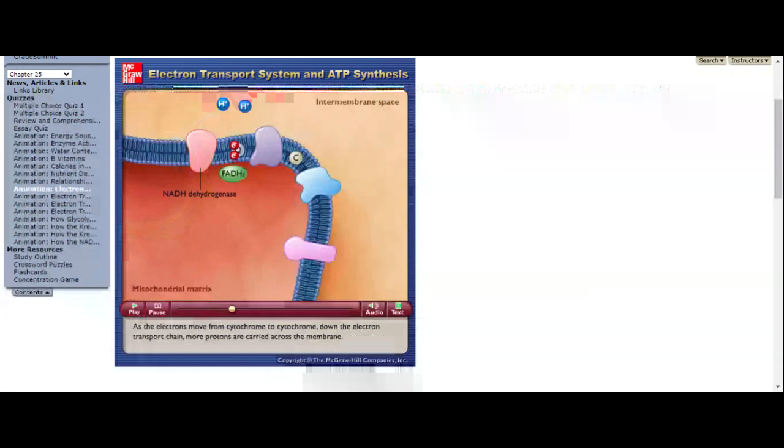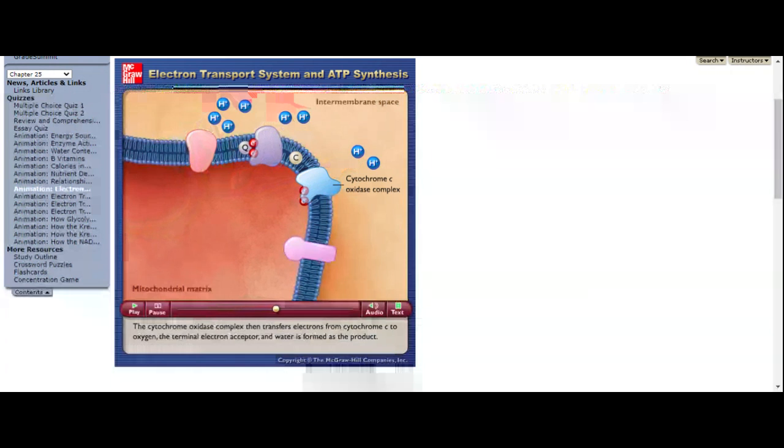As the electrons move from cytochrome to cytochrome down the electron transport chain, more protons are carried across the membrane. Cytochrome C transfers electrons to the cytochrome C oxidase complex. Protons are also transferred to the outside of the membrane by the cytochrome C oxidase complex.